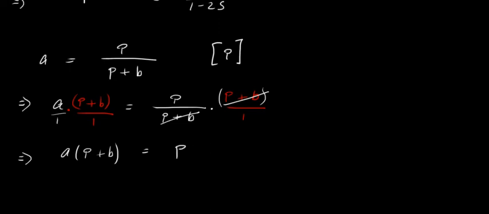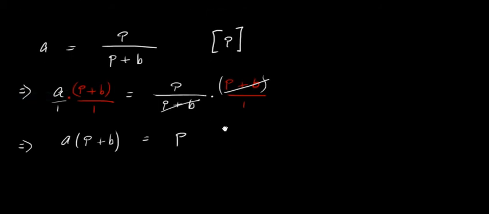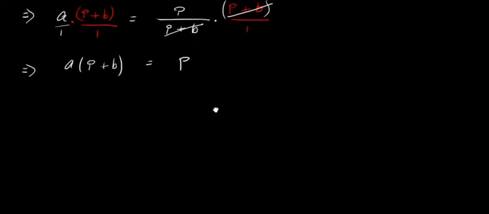So on the right hand side I just end up with p. Now the reason I did that was just to get rid of the fraction here. I still have to try and isolate these two p's, so let me get rid of these brackets now. So what will happen here is that I'll end up with a times p plus a times b is equal to p. Okay, so we got rid of the fractions, we got rid of the brackets.